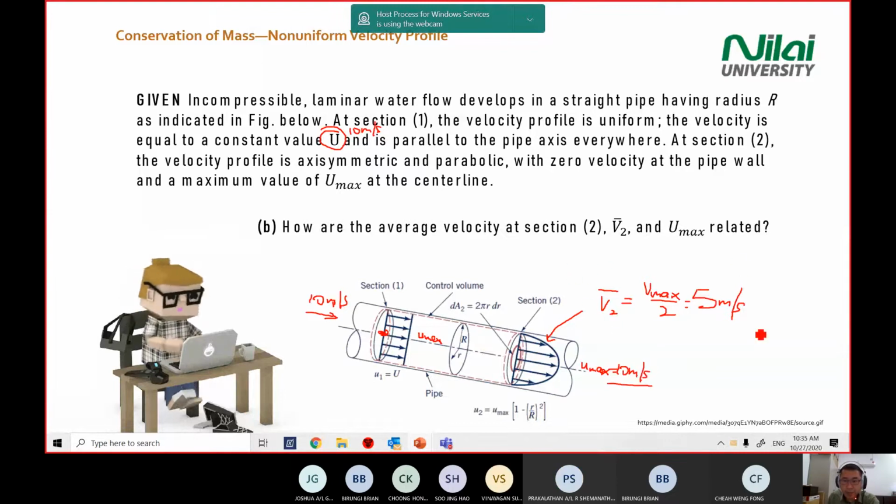Okay, so this kind of analysis equation won't be given in the exam. So you have to understand when you do conversion.